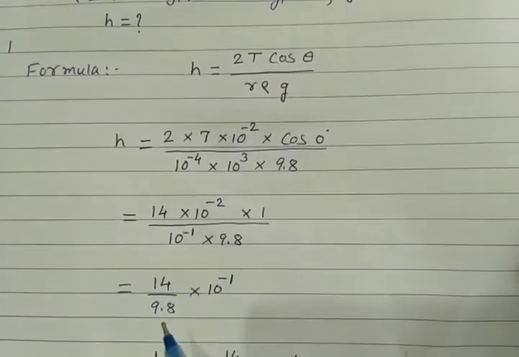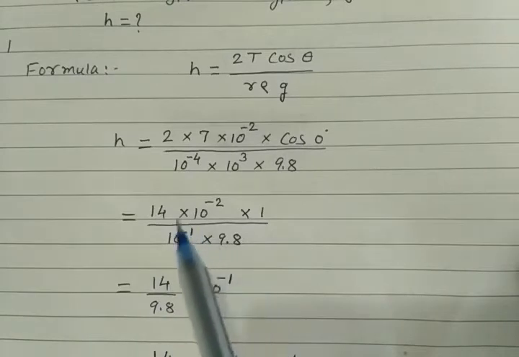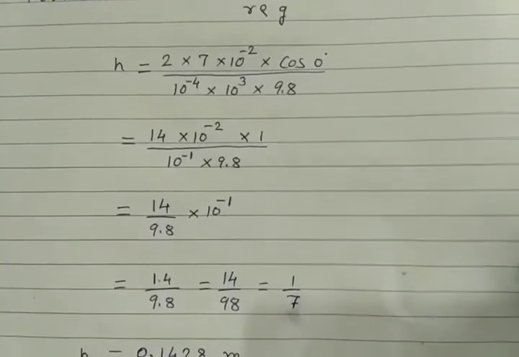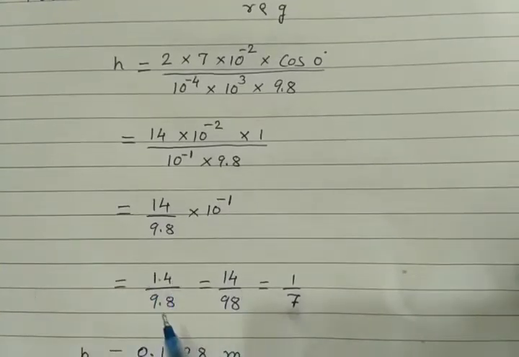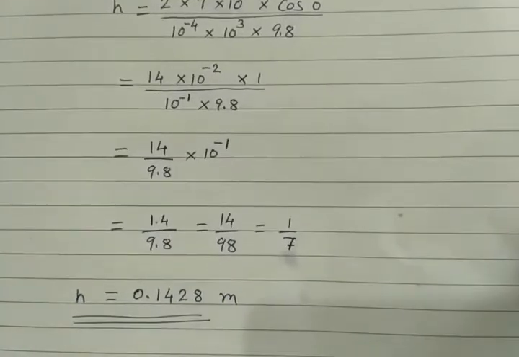So it is 14 upon 9.8, and this is minus 2 and minus 1, so it will become 10 raised to minus 1. So simplifying this, 1.4 upon 9.8. 98 is divisible by 14, so it is 1 by 7. The value of 1 by 7 comes to be 0.1428 meters. So this is the value of height.